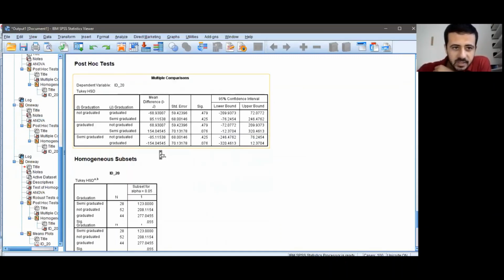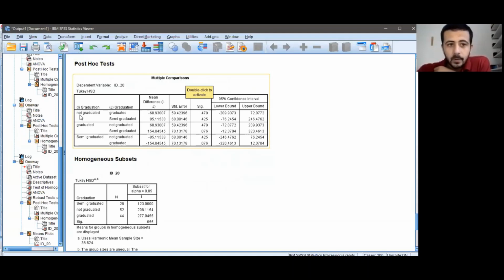I hope you are seeing it clearly, but here the post hoc test, the 2P test, is showing multiple comparisons. First we have the not graduate, which is one of our categories, and it is compared to the graduate and semi-graduate.